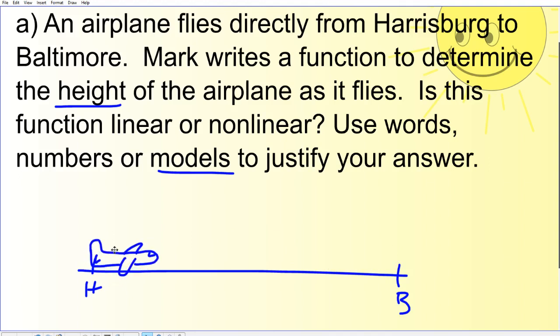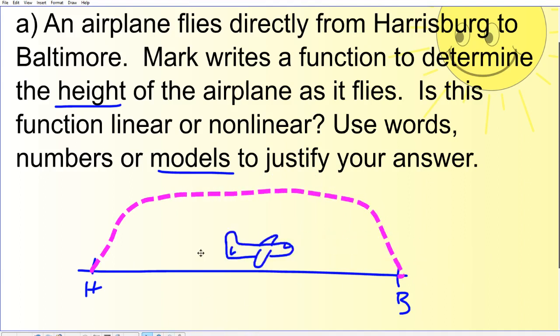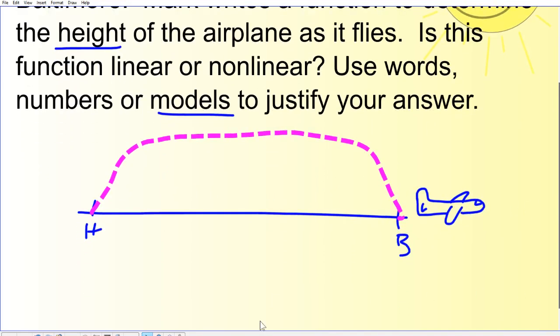Airplane probably goes and it hangs out up here for a while, and then it comes back down. So the graph would look more like it goes up in the air, it hangs out up in the air for a while, and it comes back down. So linear or nonlinear? Well, clearly nonlinear.